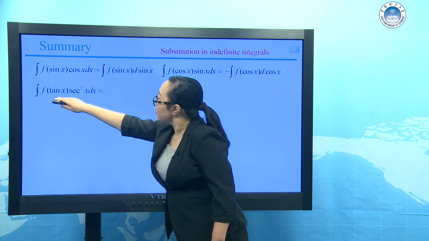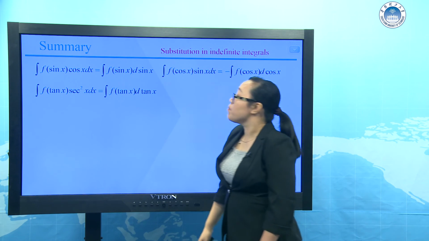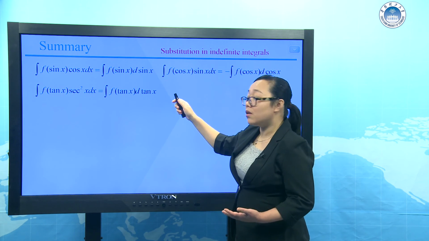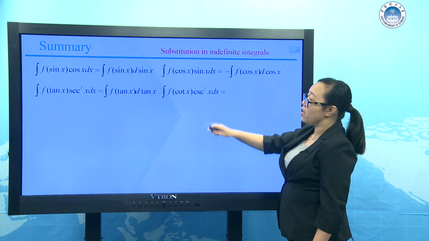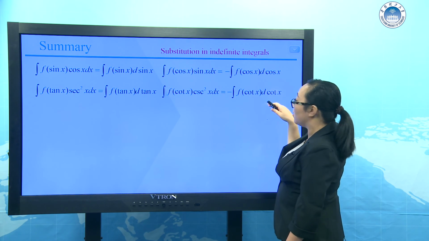Together, f of tan x, secant x squared taken in becomes f(u) du. Another corresponding one, f of cotangent x times cosecant x squared equals minus f(u) du.